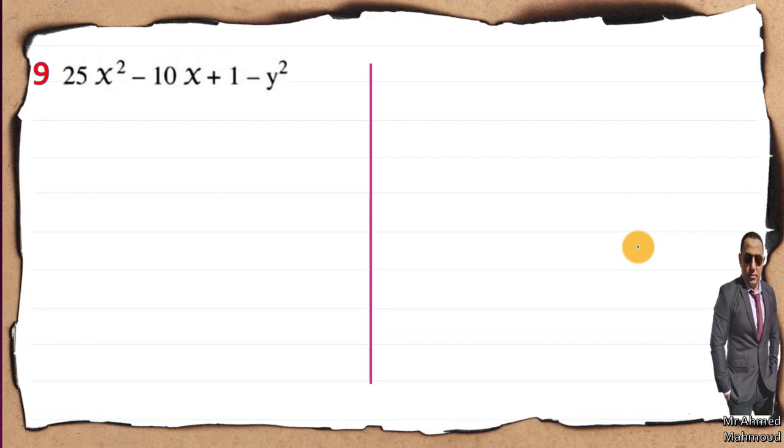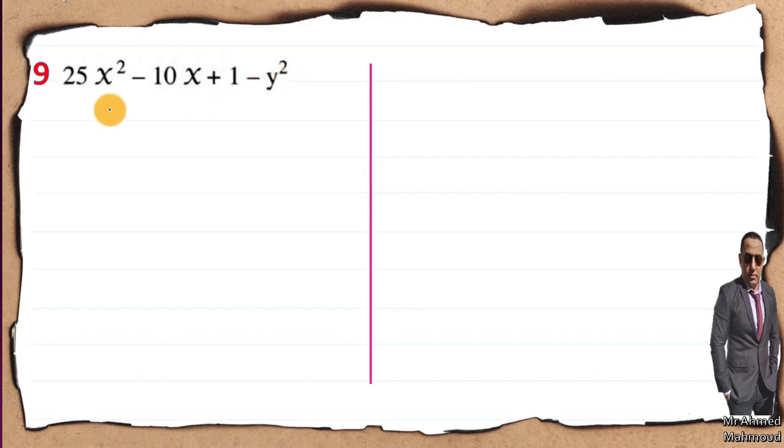(25x power of 2 minus 10x plus 1 minus y power of 2). By looking carefully at the four expressions, the four terms. Here, this one included x, and this one included x, and this one included 1, okay, and this one included y.